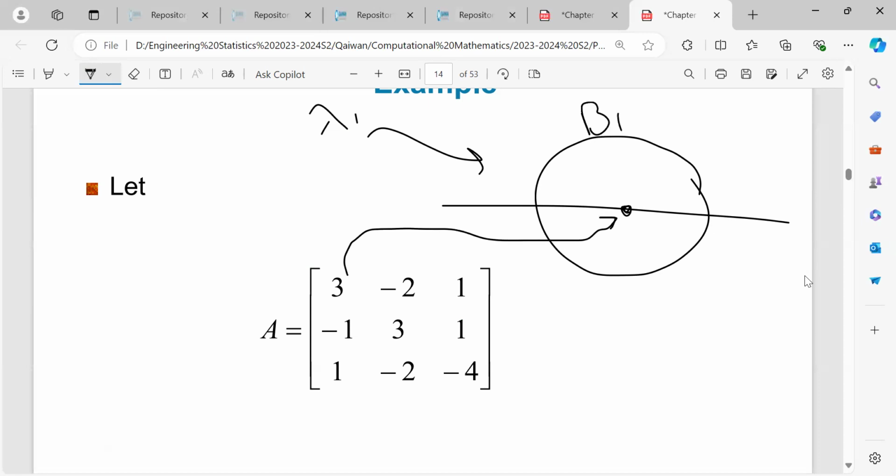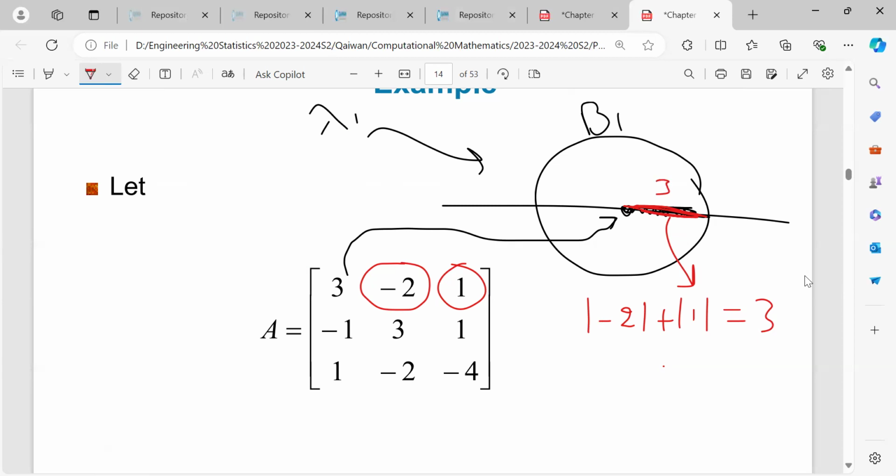The radius is the distance from the center to the circumference. This radius is the absolute value of this plus the absolute value of this. So this radius is the absolute value of -2 plus the absolute value of 1. The absolute value of negative 2 is 2, the absolute value of 1 is 1, and 2 plus 1 is 3. So this radius is 3.